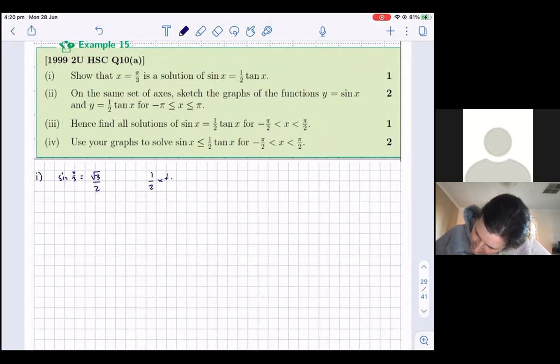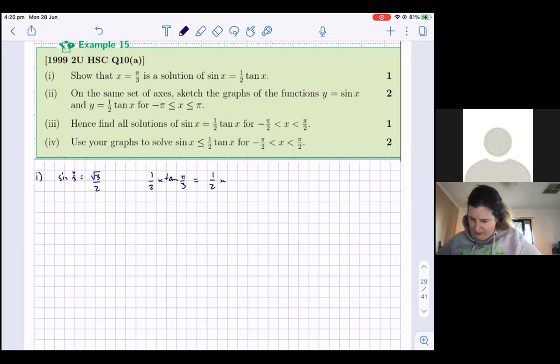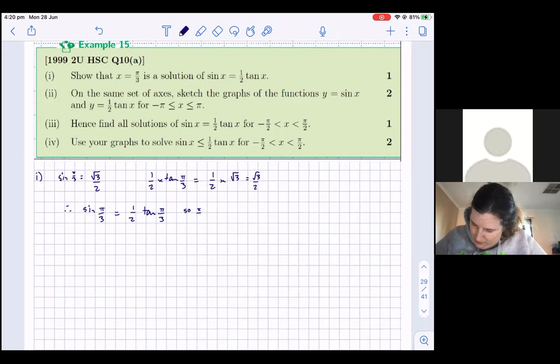Half times tan pi on 3 is half times, well, tan pi on 3 is √3, on 2. Therefore, sine pi on 3 equals half tan pi on 3. So pi on 3 is a solution.